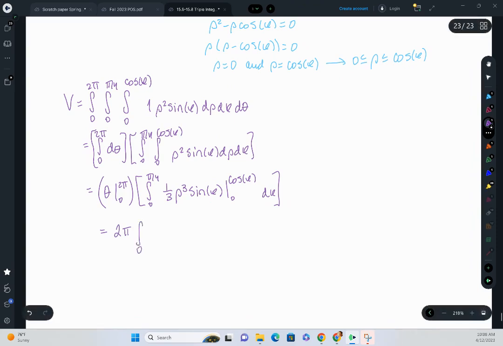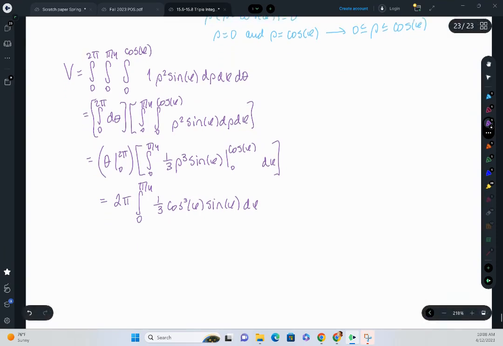Then we have the integral from 0 to pi fourths. And now we're going to evaluate this 1/3 rho cubed at cosine phi. So it gives me 1/3 cosine cubed of phi sine of phi. The contribution from 0 is nothing, so I'm done now at this point. And now we have something we can integrate with respect to phi.